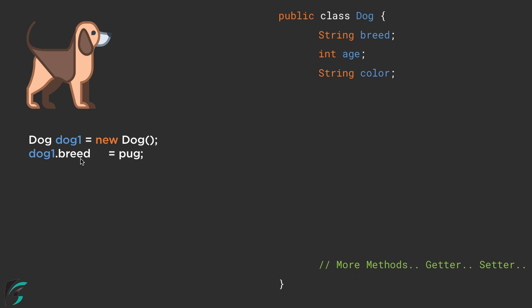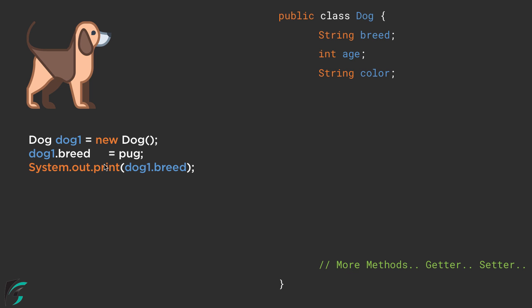This is not the way to set the value of breed, and if you want to retrieve the value and print it out, you would write System.out.println(dog1.breed). Again, this is not the way to access and get the value of any property.